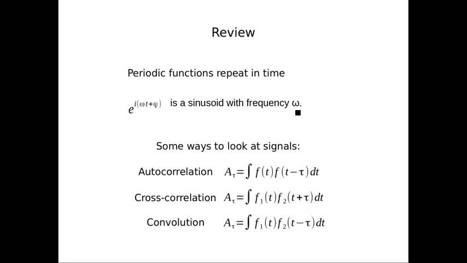And then we also talked about some ways to analyze signals, including autocorrelation, which is this integral of f(t) f(t minus tau) dt, and then we take this integral over different time lags. Cross correlation, which we apply to two different functions, and convolution, which mathematically is very similar to cross correlation, except for the direction of one of the signals is flipped.